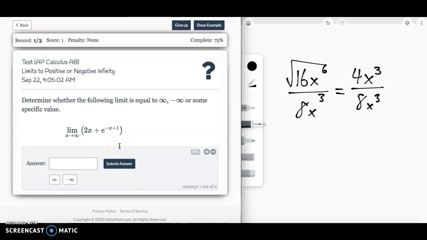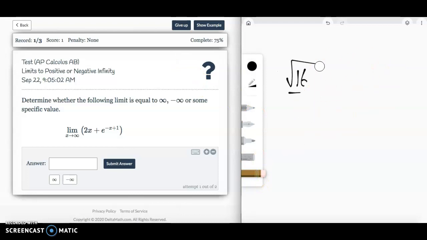All right, for this one, let's pay attention. I'm going to work out a little bit of this one. You're approaching infinity, and first and foremost, you're probably looking at this exponential function. So let's pay attention to what happens if I plug in, quote, end quote, infinity here. We'd have 2x plus e to the negative x plus 1.